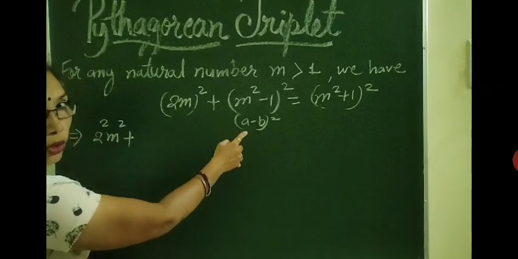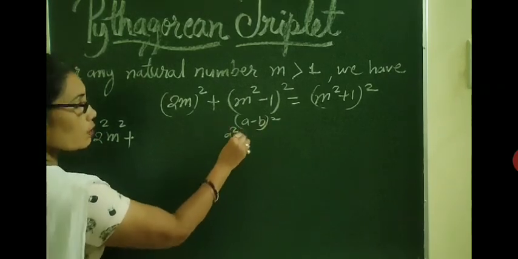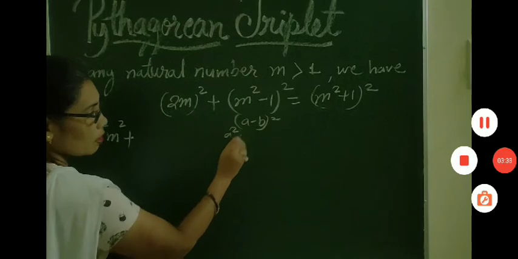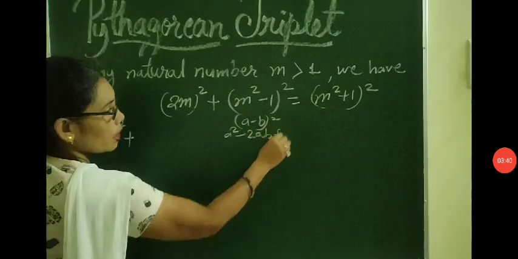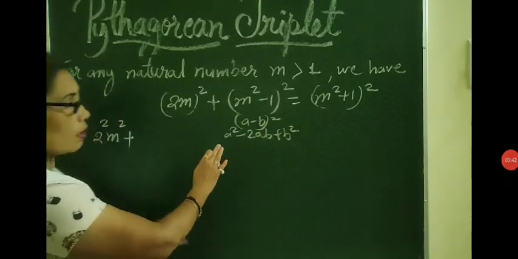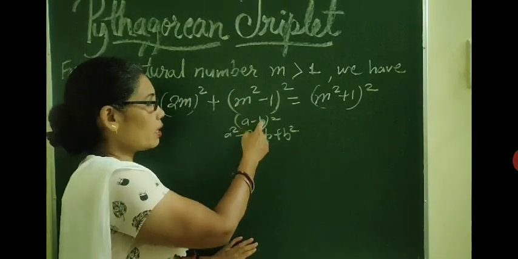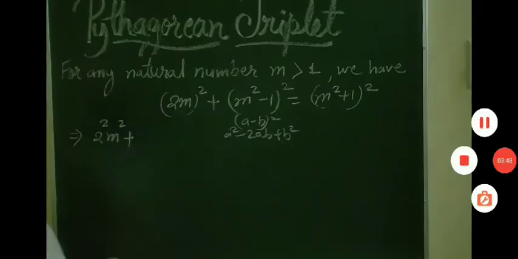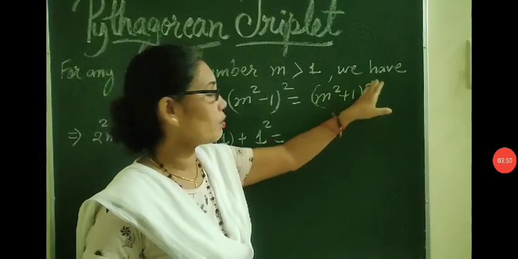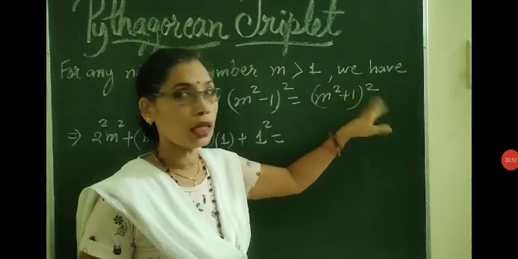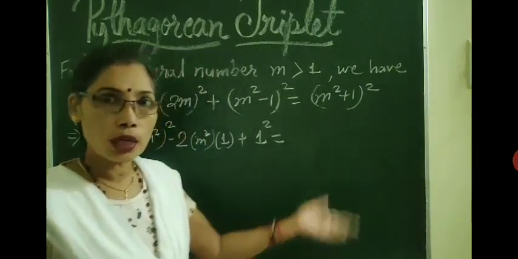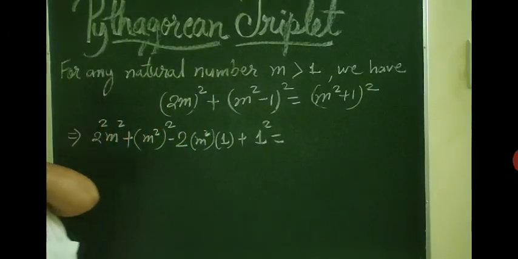What is the formula for (a minus b) whole squared? It is a squared minus 2ab plus b squared. Apply this formula here, a equal to m squared, b equal to 1. On the right, (m squared plus 1) whole squared is (a plus b) whole squared, a squared plus 2ab plus b squared.